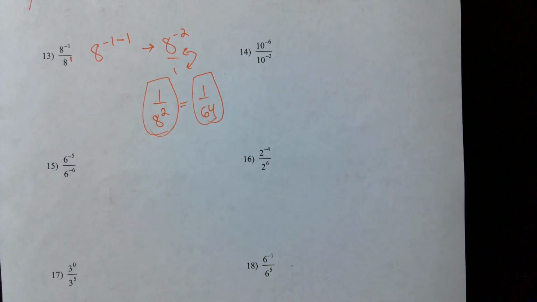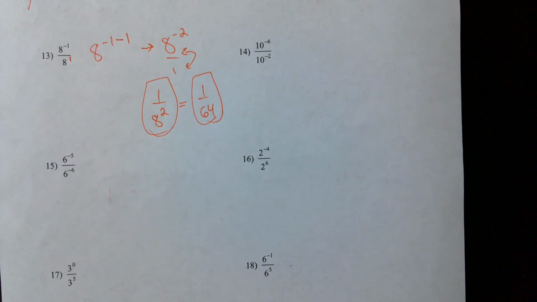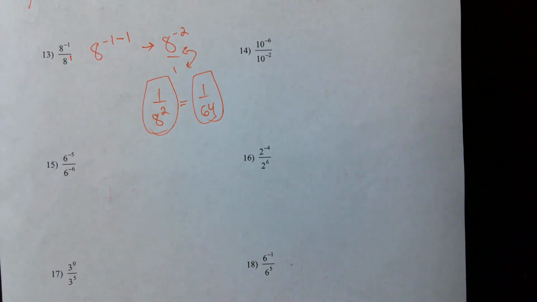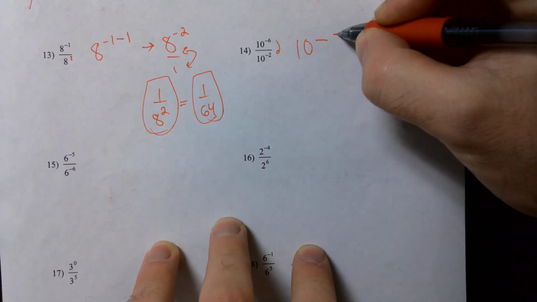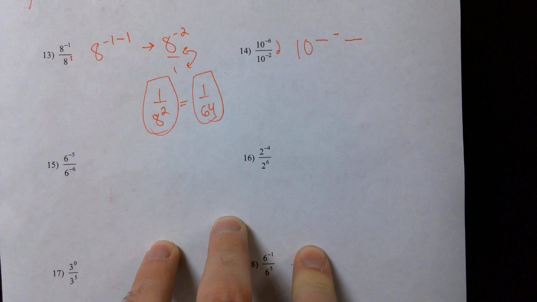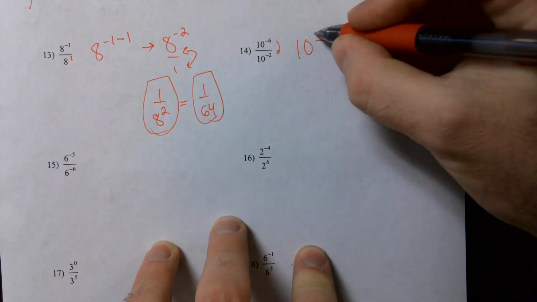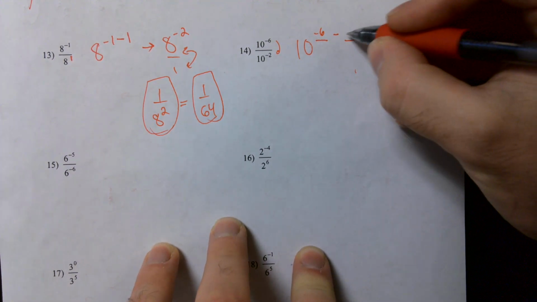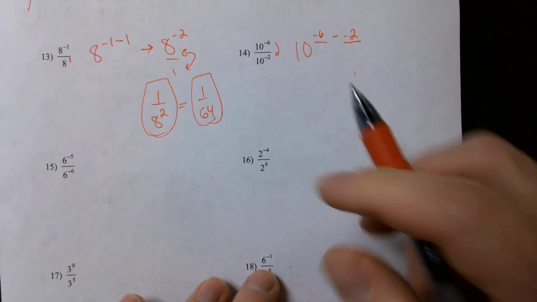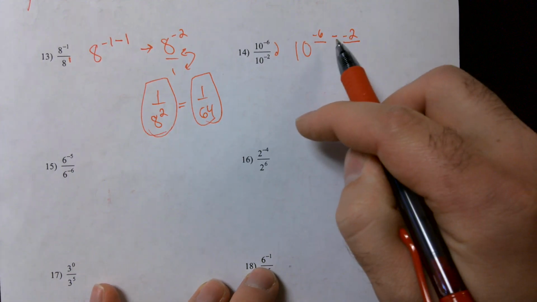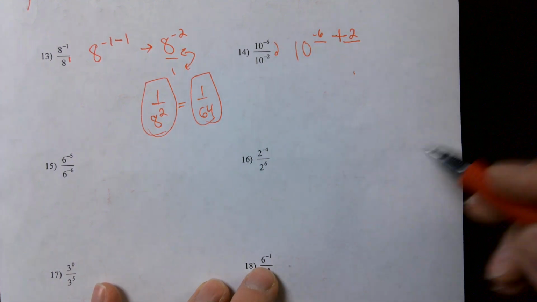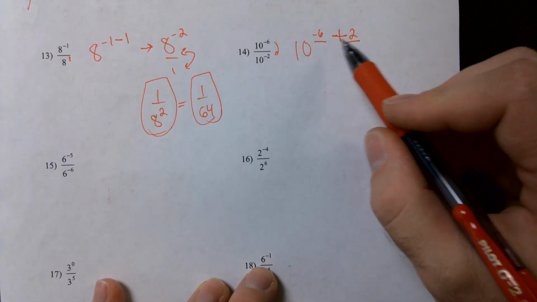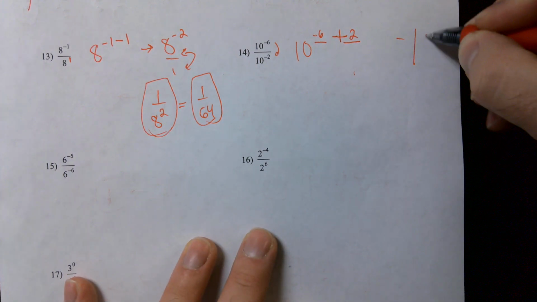Now with number 14, we got to be extra super specially careful because we've got a negative minus another negative. So this is going to look like something minus something. My first number is negative 6. My second number is negative 2. What happens with these two minus signs right next to each other again? Makes it positive. So now I've got negative 6 plus 2.